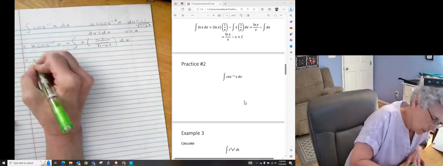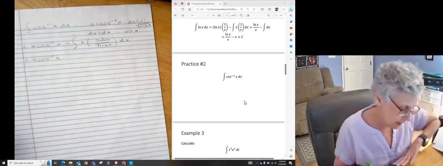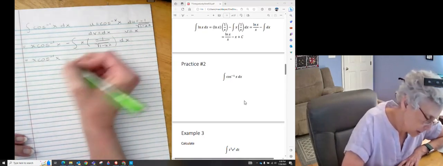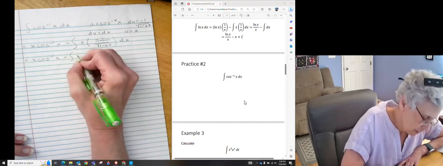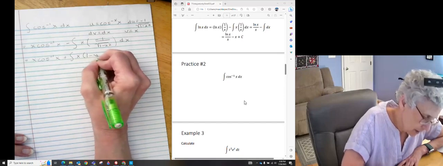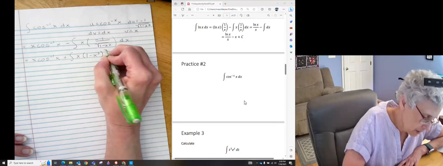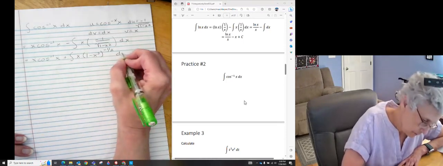So we have x times inverse cosine of x. I have minus minus, so that's really just plus. I'm going to write this as x, and I'm going to write this as 1 minus x squared to the minus 1/2 power.